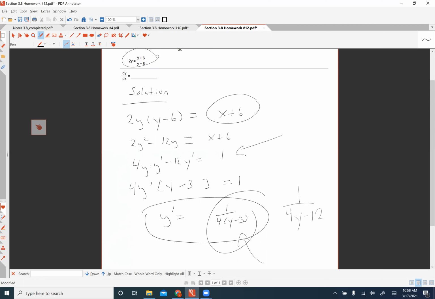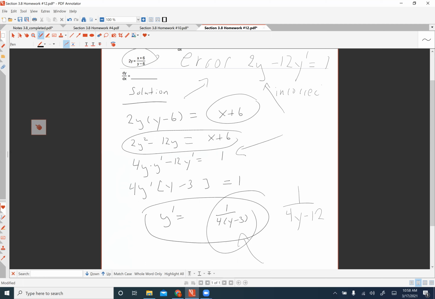And once again, students, the common error I've seen when I've graded these a lot in the past would be right here. The error would be forgetting to use the chain rule on y squared. So I see this a lot: 2y minus 12y' is equal to 1. But that's incorrect.